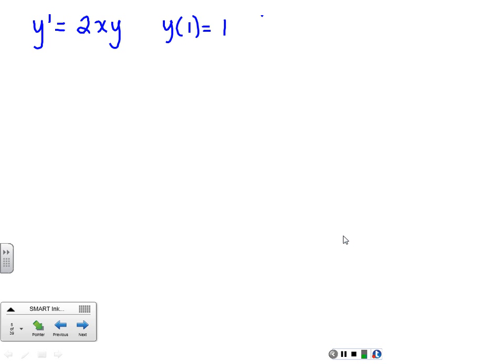And the step size we're going to use is h equals 0.1. We're going to use 1/10. And we want to approximate, let's do it really easy, let's find y of 1.3.